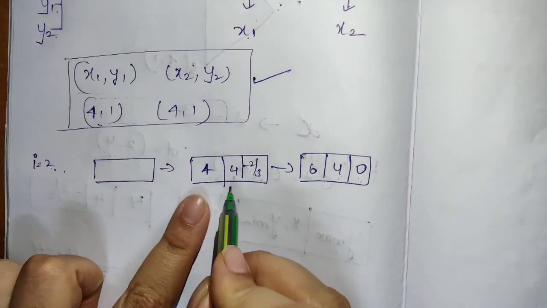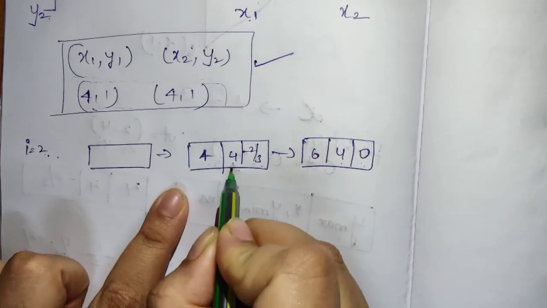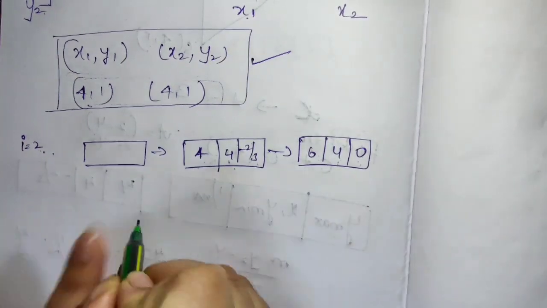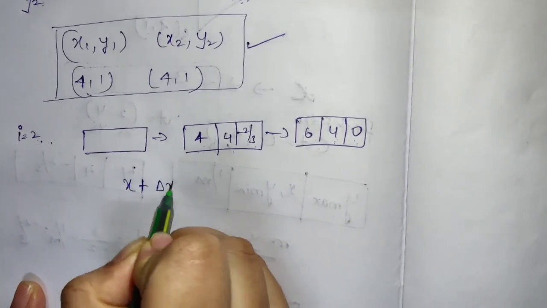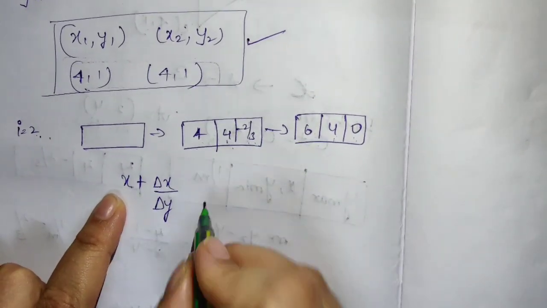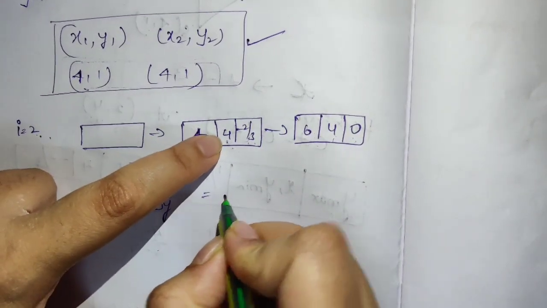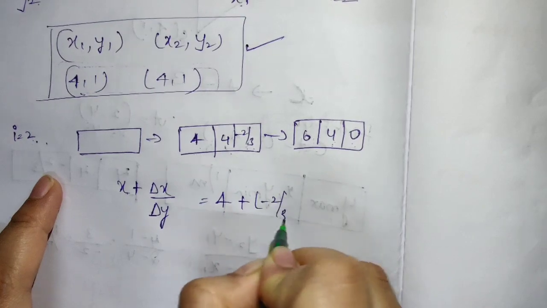So increment the value of x with the slope. Here the value of x is 4. So x plus del x by del y. Incrementing the value of x with the slope means the x value is 4 plus minus of 2 by 3.